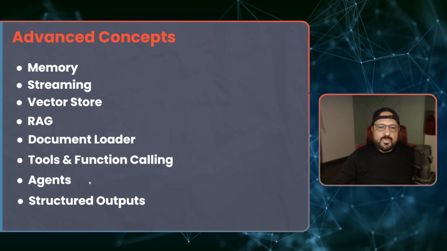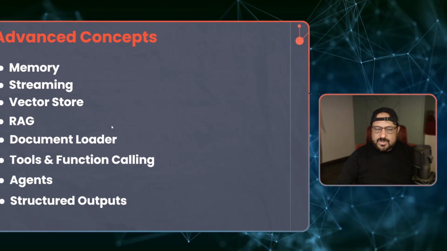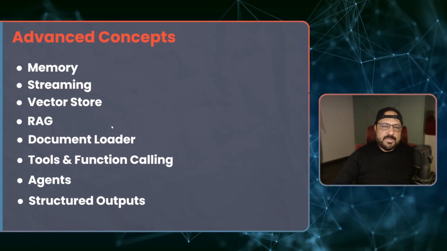And remember, these two lists which I have shown are not the exhaustive list of the components or functions provided by LangChain. It's more than that, but this is where we are going to start, and we will learn just enough to build the applications, and as and when we need more, we are going to learn more.